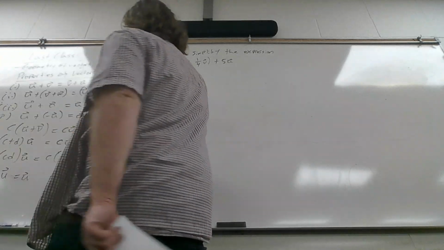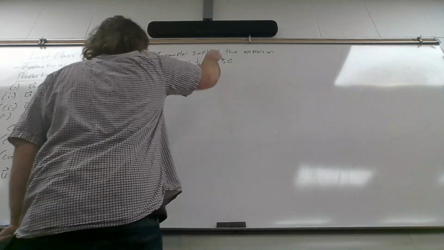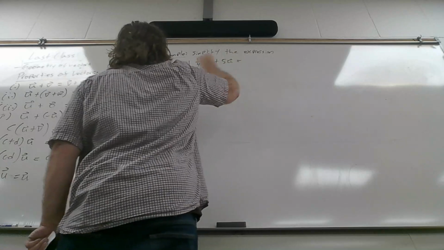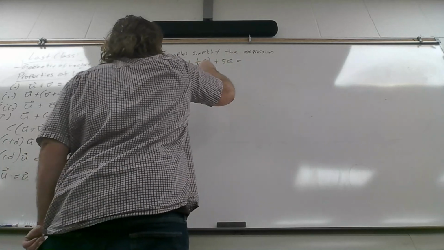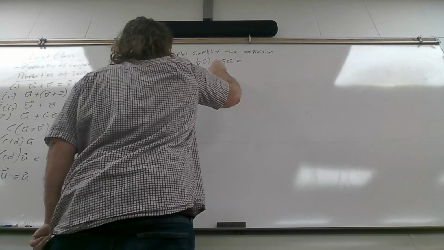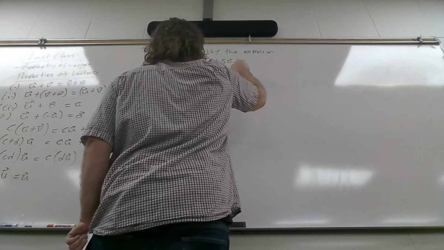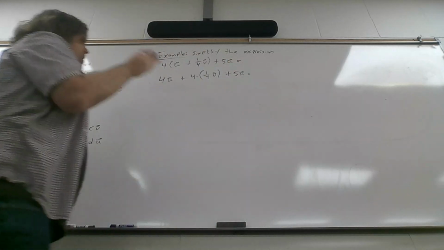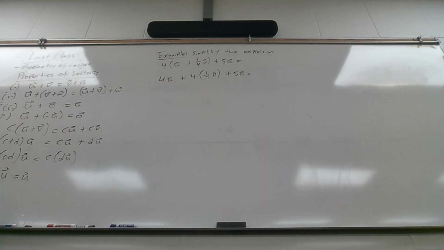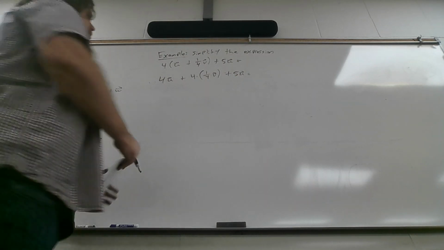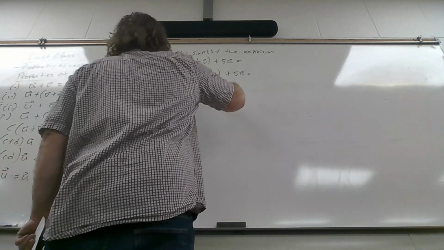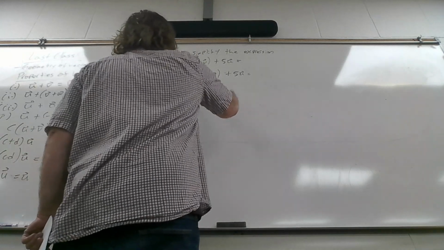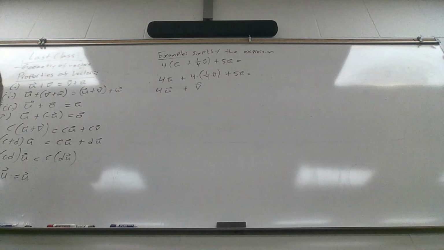So this property says, hey, you got a number in front, you can distribute it in. So this is going to be 4 times u plus 4 times 1/4 v. And then, hey, we got a property that says you got these two numbers next to a vector, just multiply them together, right? A lot of people would just do that in their head, and that's fine. This is 4 times 1/4, which is 1.